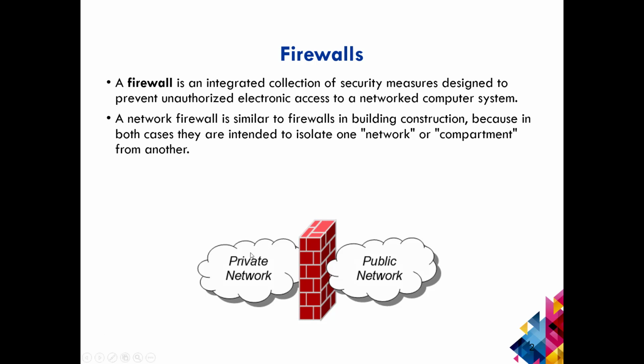For example, this is a private network, your school or your university, and this is the public network, where all of the intranet and internet connections can access your private network. But before they gain access to your network, they need to pass through the firewall. A firewall is some sort of filter for all of the information that is coming to your private network.